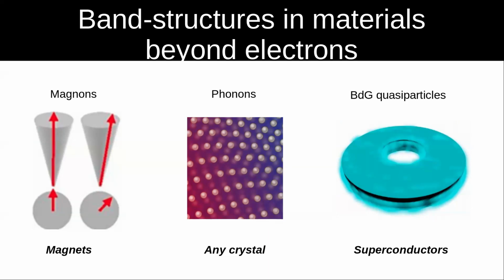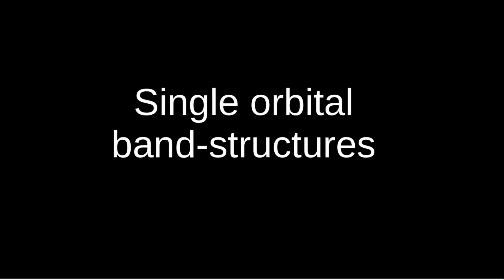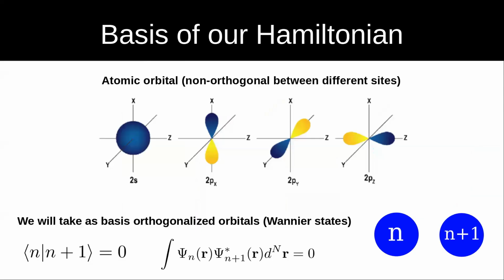It can also be a fluctuation of the location of the atom in real space, such as a phonon, or it can be a much more complex fluctuation like a Bogoliubov quasi-particle in a superconductor. And band structure theory can be applied to all these cases irrespectively. So let us look at the first simplest case, which is the case of a single orbital band structure.